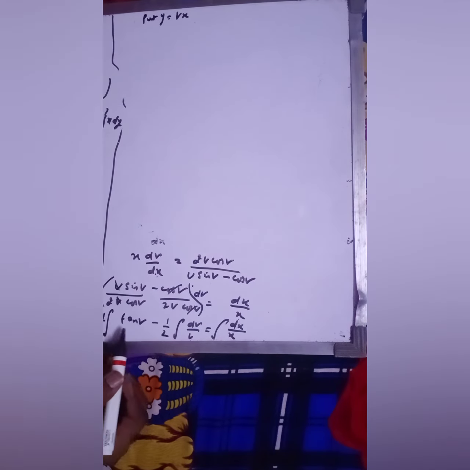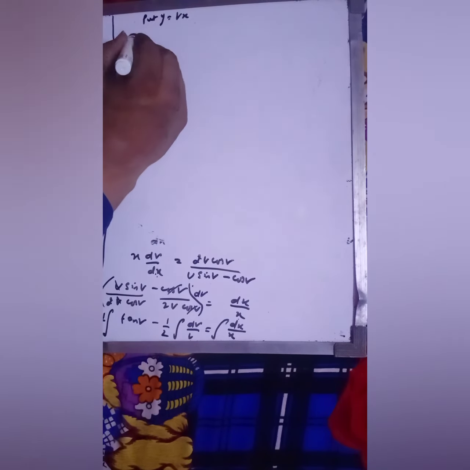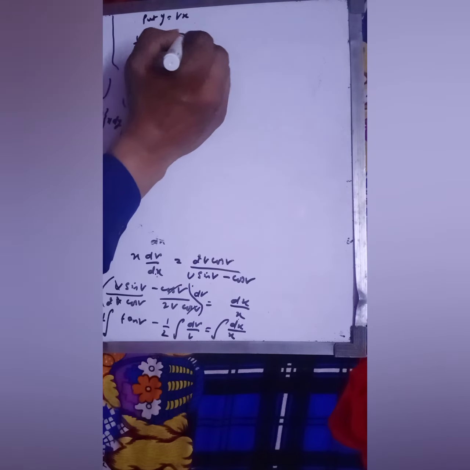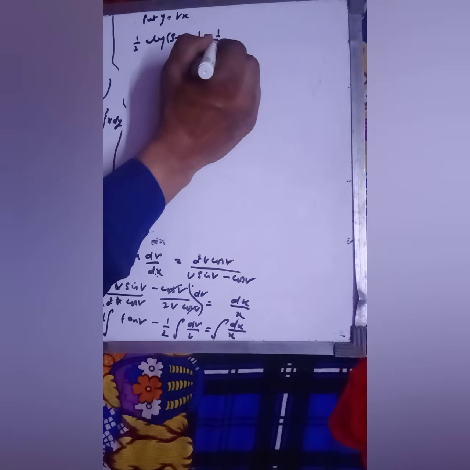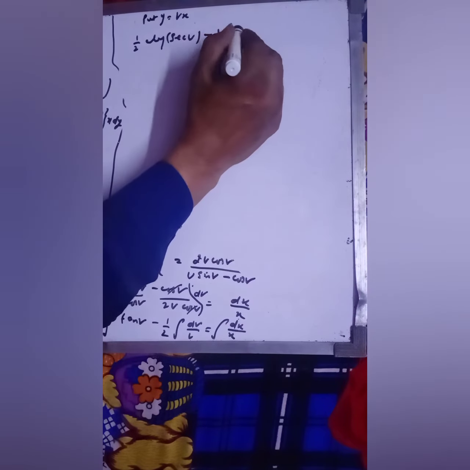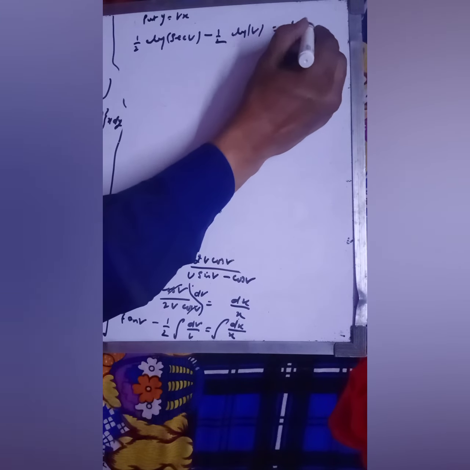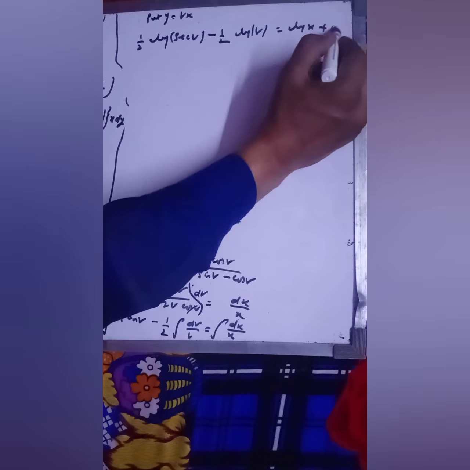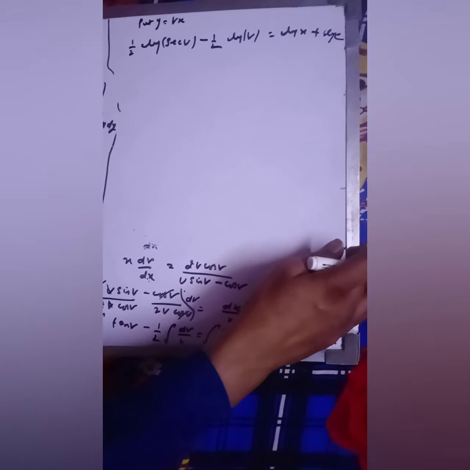See, this integration of tan v would be log sec v minus half this dv by d, that would be log v, that is equals to log x plus c. Okay, so here all the terms are coming in log, so you will put log c here.